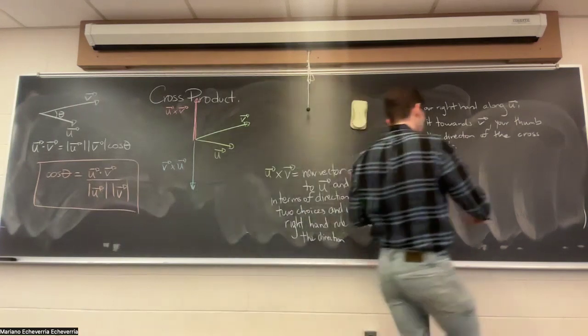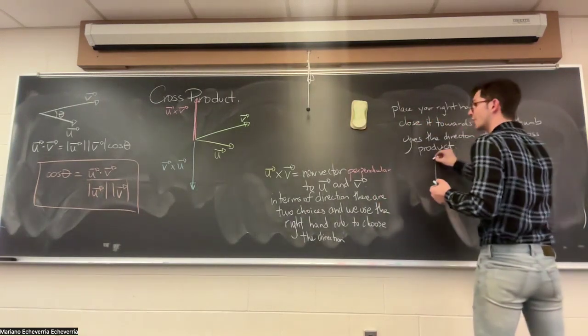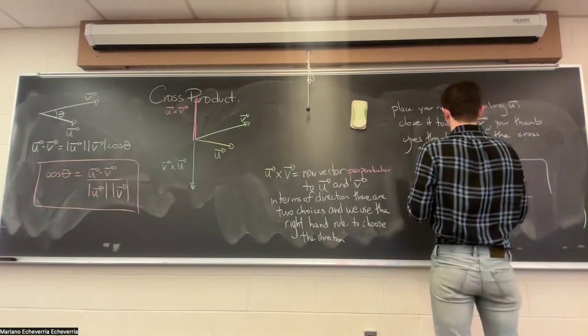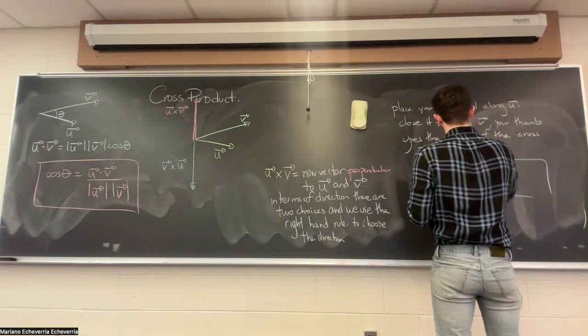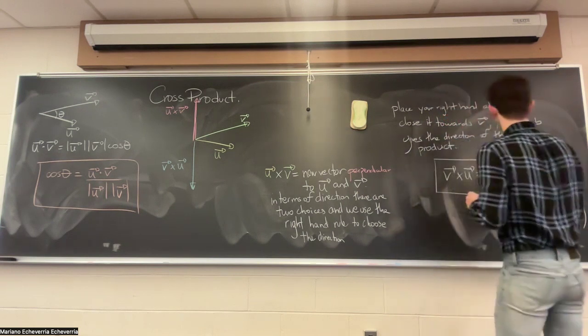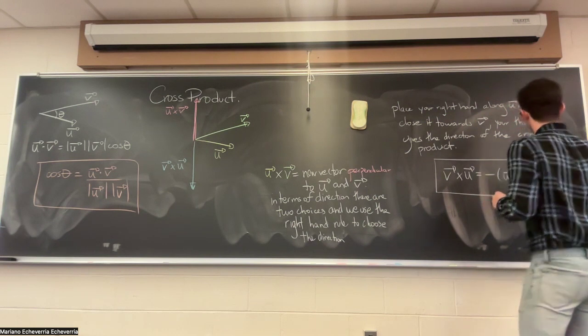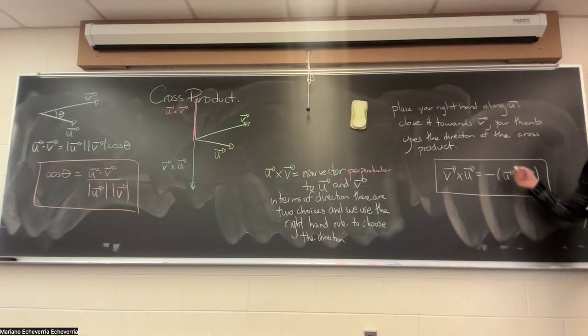That's how you end up getting a very important property of the cross product: V cross U is minus U cross V. Meaning that if you change the factors, you get an overall minus sign.